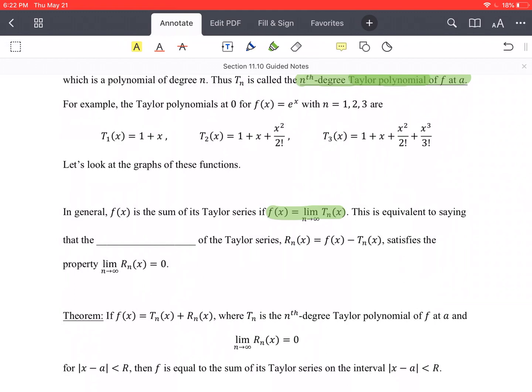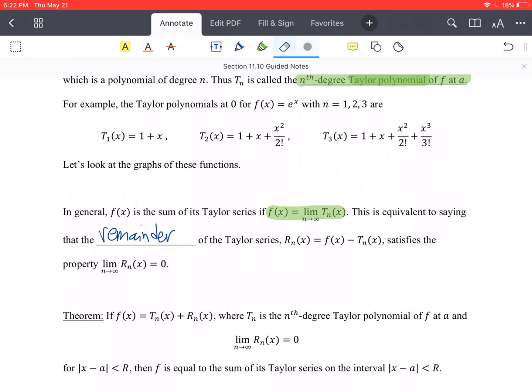This is equivalent to saying that the remainder of the Taylor series, R sub n, which is equal to f minus T. The remainder is just the function minus our approximation. That tells you how much is left over, kind of like error. How far off is our approximation from the real thing?